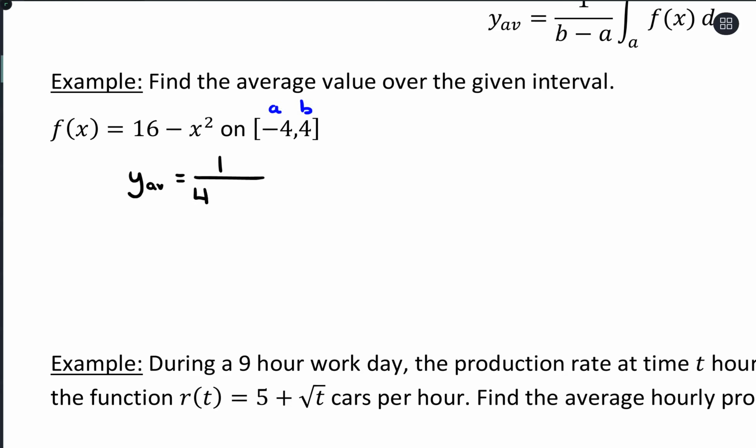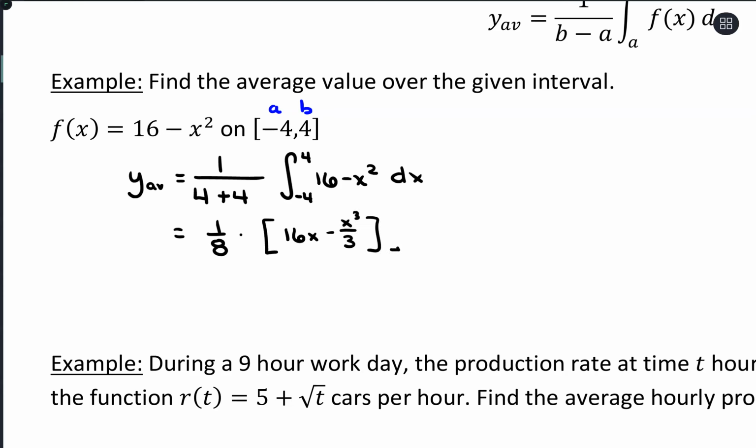So we're taking 4 minus -4, so it's 4 plus 4, and the definite integral from -4 to 4 of 16 minus x squared dx. So we're taking 1/8 times the antiderivative of 16 minus x squared, so 16x minus x cubed over 3, from -4 to +4.